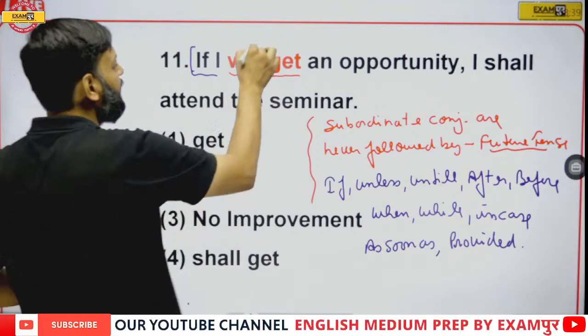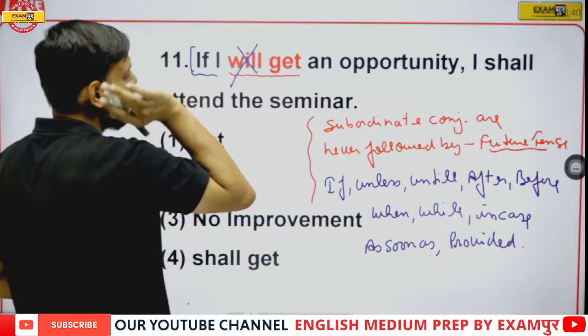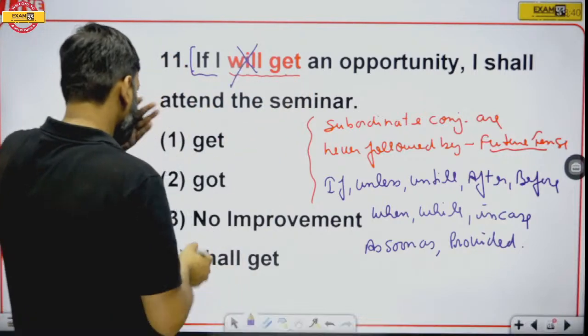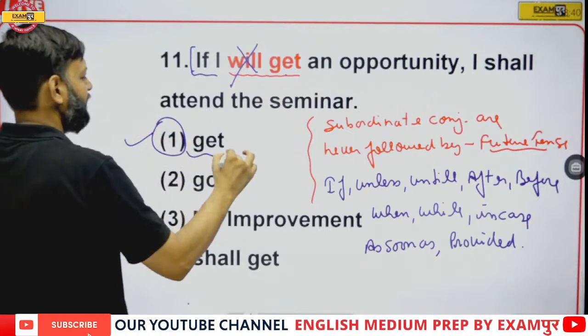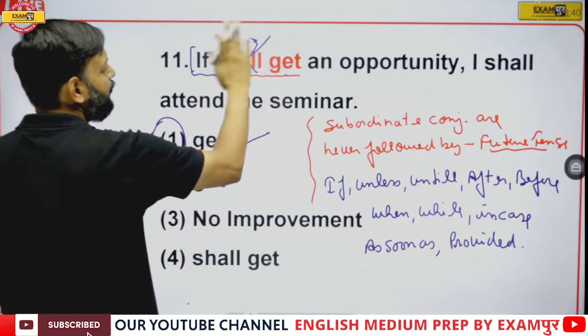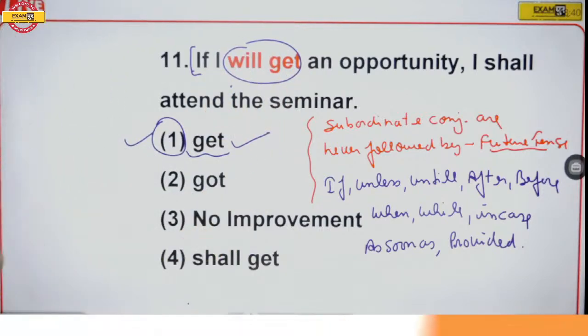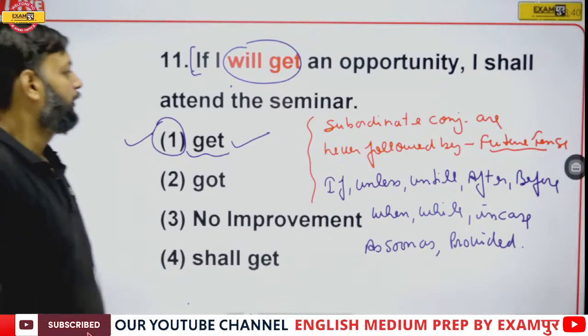So here will should be removed, and if will is removed, what is there? Get. So here option number 1, get, is the right answer. In place of will get, we need only get. Okay, now the next one.